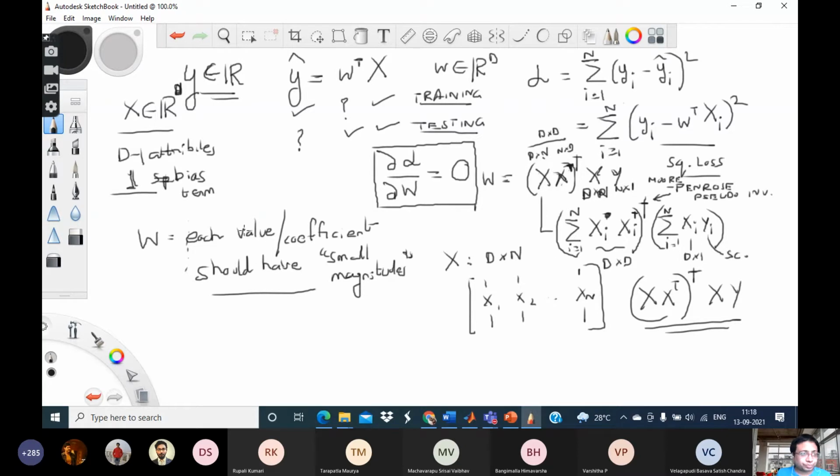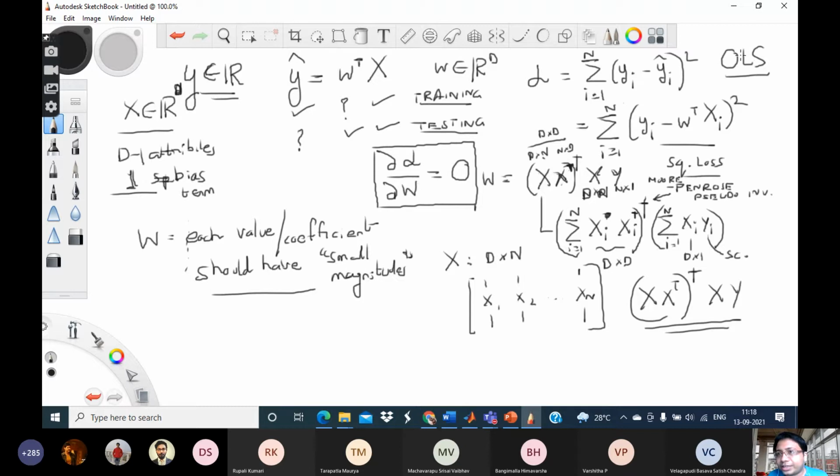But there is nothing in this formulation for linear regression where we try to enforce such a thing, right? Because the only goal of linear regression is to minimize this squared error. Sometimes this is known as OLS.